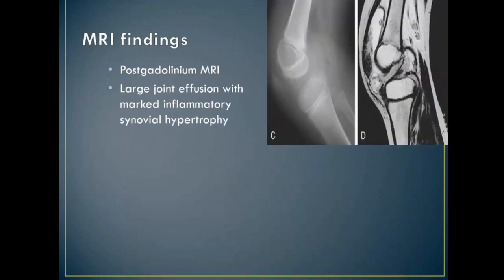And this is an MRI finding. In the MRI, you'll see a large knee effusion, marked inflammatory synovial hypertrophy. Now, this person did not need an MRI. They probably had a clinical exam that was pretty obvious of what it was, but maybe someone's suspecting some kind of tear, and that's why they got the MRI.